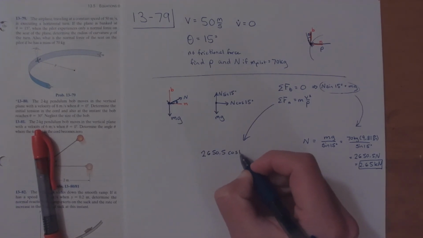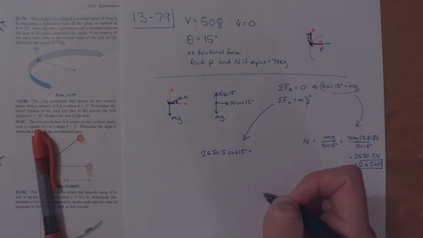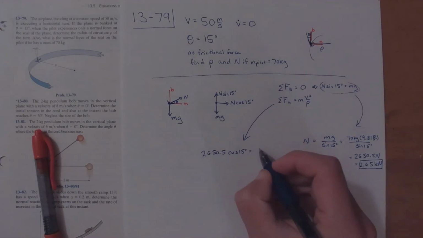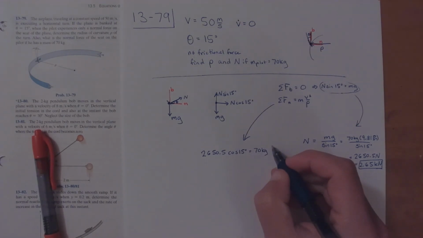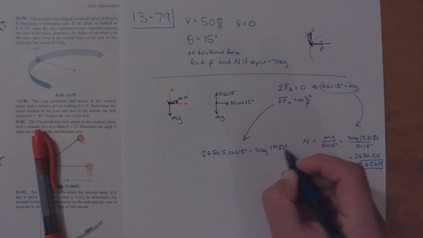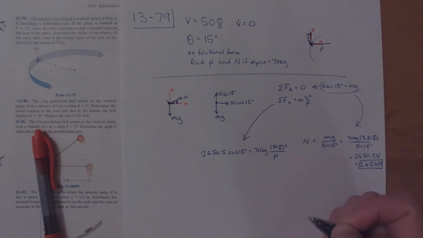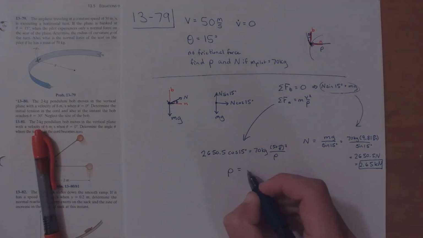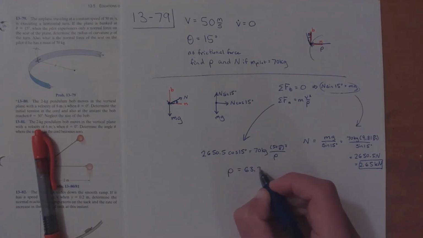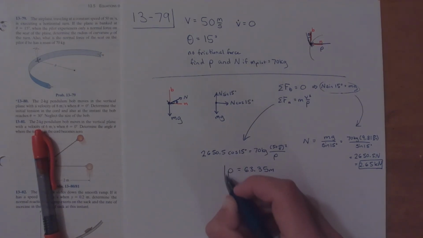And then we have cosine of 15 degrees is equal to the mass of 70 kilograms times v squared, v is 50 meters per second, over the radius of curvature, which is what we are looking for. So you can solve this for the radius of curvature, and you should get 68.35 meters.